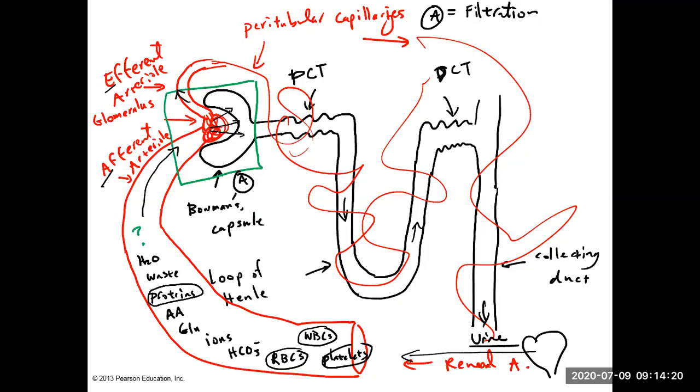All right, so now what? Now this stuff is passing, or the ones that I'm putting a check mark next to, those are passing, right? The ones that are passing end up on the inside of the nephron. And this stuff, the check mark, we call filtrate.